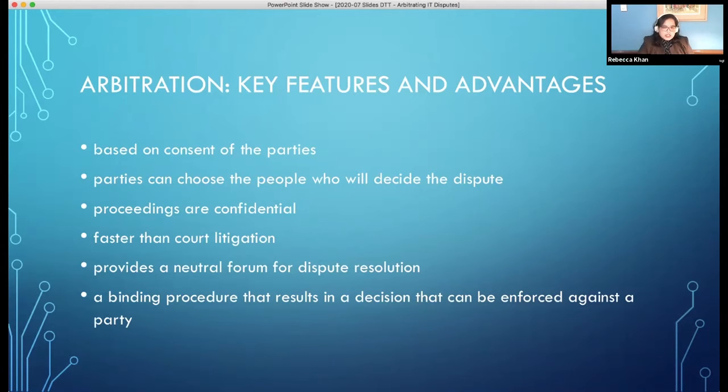Generally, arbitration is faster than court litigation, and that's one of the advantages that arbitration has over court litigation. IT disputes, by nature, information technology develops at a very fast pace and evolves so rapidly that if you're bogged down by a dispute, and then there will be, if there's a possibility for performance later on, the delay in resolving the dispute might affect the terms of the original IT contract to begin with.